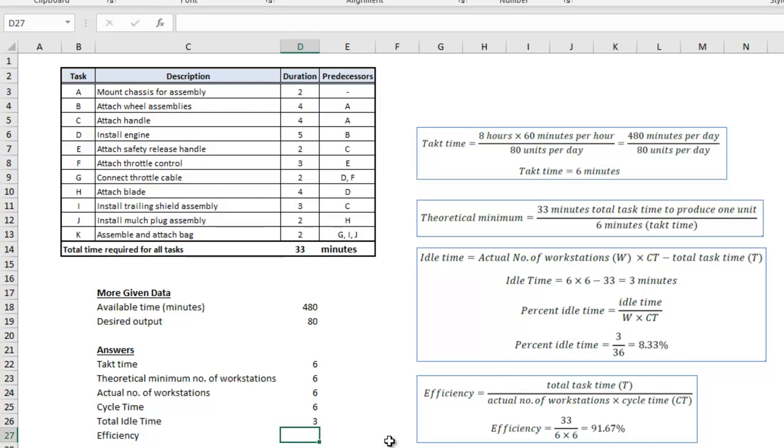So again, we take the total task time, which is 33 minutes, divided by the actual number of workstations times the cycle time. So we'll input this here: 33 minutes divided by, and we're going to open parentheses, the actual number of workstations, which is 6, times the cycle time, which is also 6, and that gives us 91.67%.